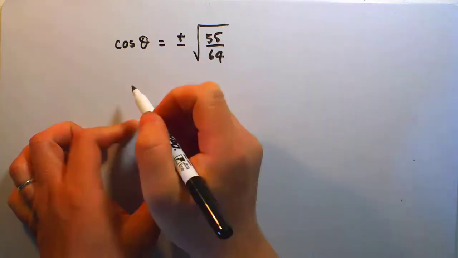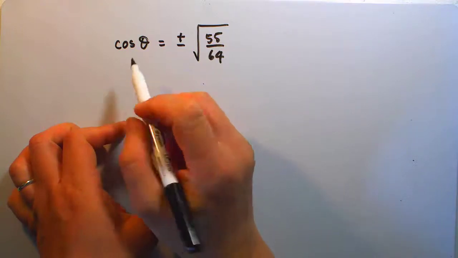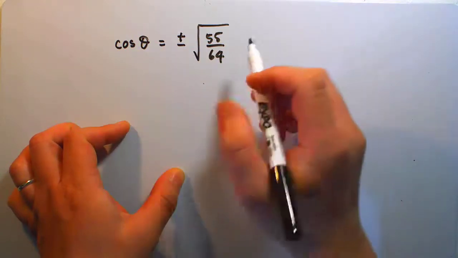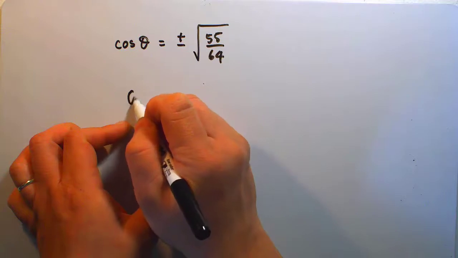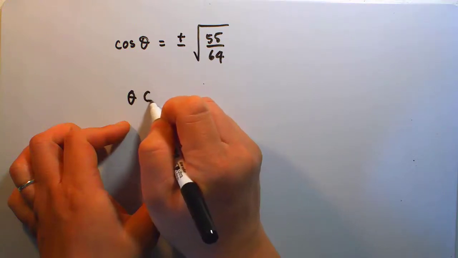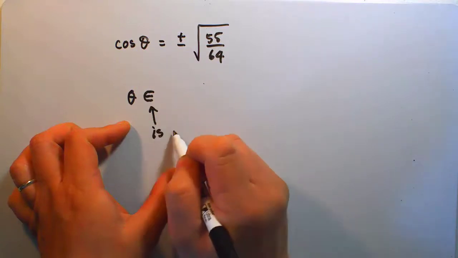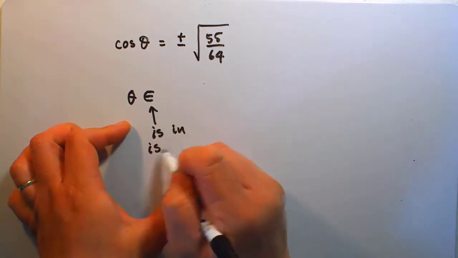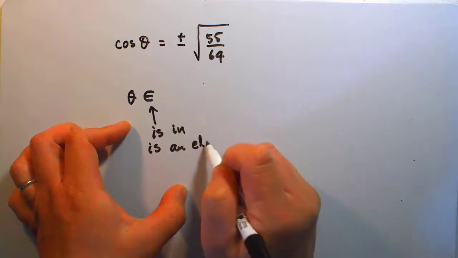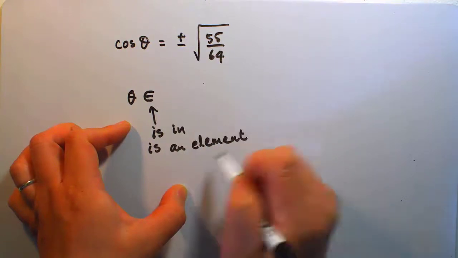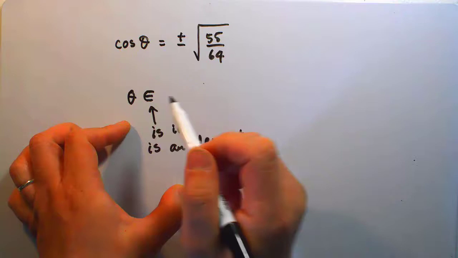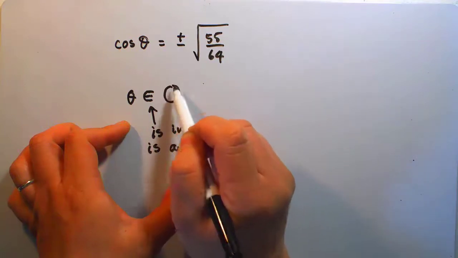So it's time to use that other piece of information. The problem says angle theta is in, and I'm using this symbol here, once again, this symbol means is in or is an element of, quadrant 2.